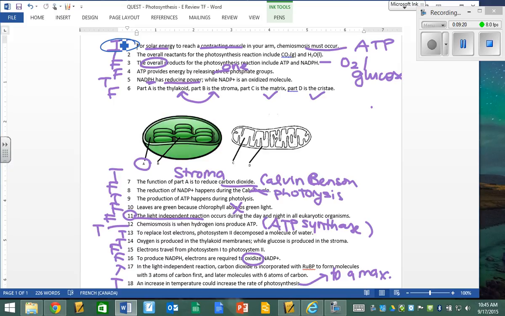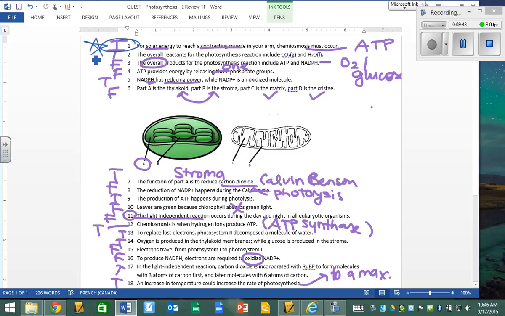It was one of the textbook questions that you had to answer the other day. Trace the path of energy from the sun to a contracting muscle in a mountain lion, I think was the example there. I like that question. I like it a lot. Enough to maybe give several marks as a written question about this topic.